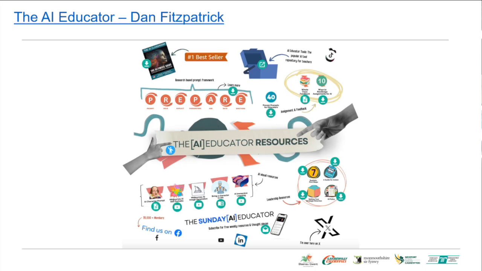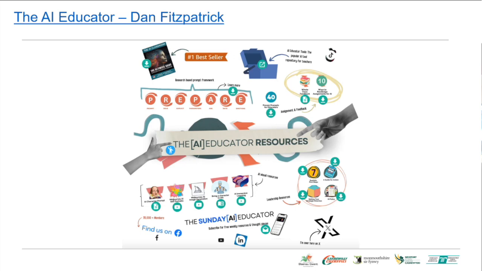The AI educator, I often refer to Dan. I speak about his books in other sessions, but he has a number of resources that are available to access in terms of policy guidance, tools, reading, professional learning, access to free books that he's written. That can all be accessed through that link at the top, or you can go to AIeducator.io.